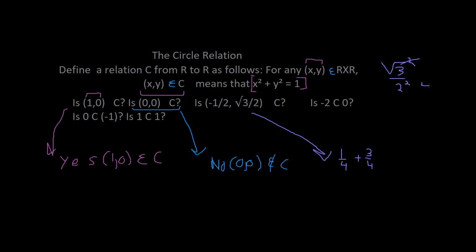So you get 1 over 4 plus 3 over 4, which equals 1. Really basic algebra. And so that does equal 1, so we say yes, and we put the ordered pair, which is going to be negative 1/2. And you get the gist of it.